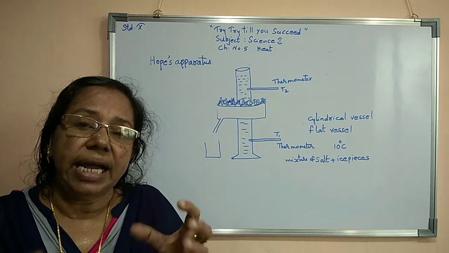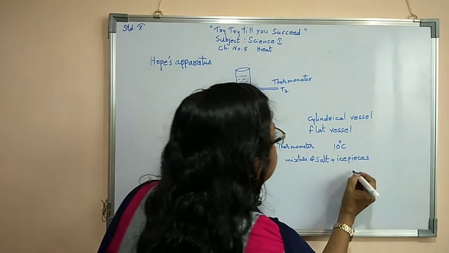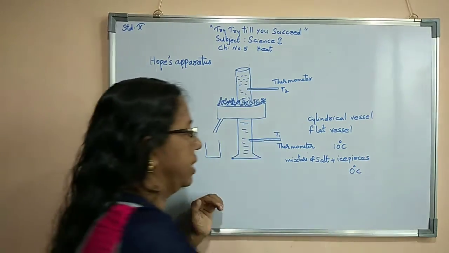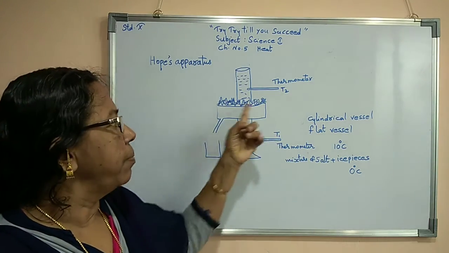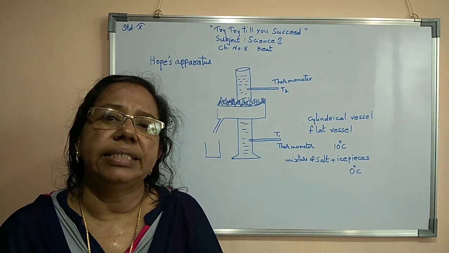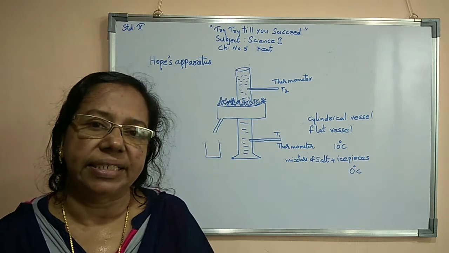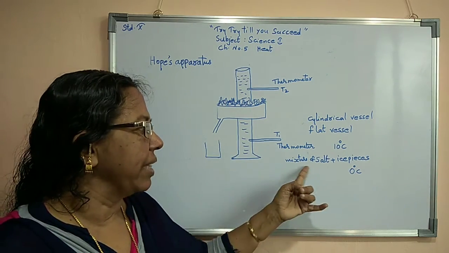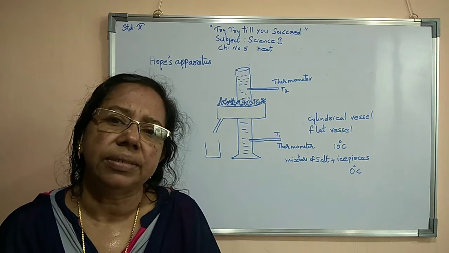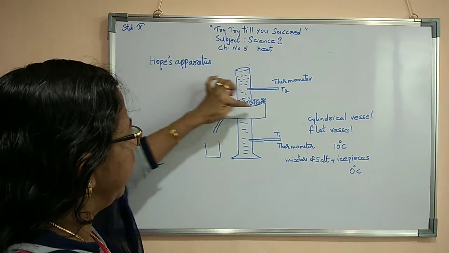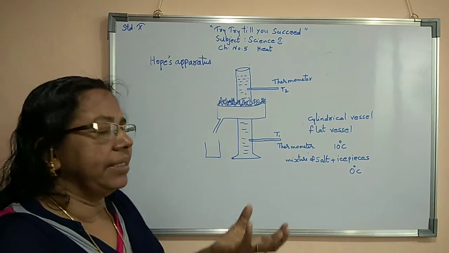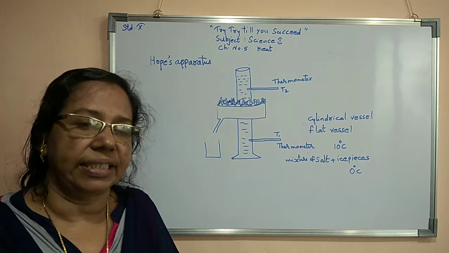Ice temperature you people know: the temperature is 0 degrees Celsius. When we add salt to it, the temperature of the mixture will be less than 0 degrees Celsius. For that only we mix salt along with the ice pieces. So this middle vessel has a temperature less than 0 degrees Celsius.